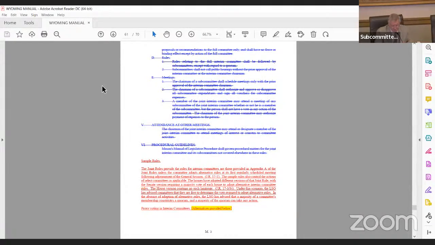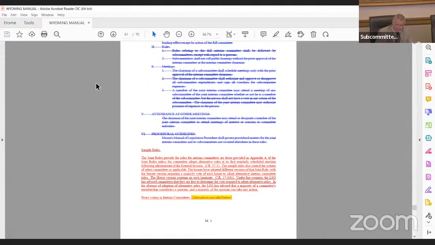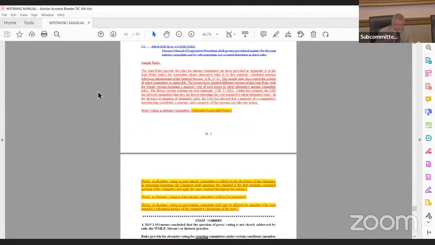But since it was a joint rule and it was actually adopted separately and differently, the LSO printed both rules, saying the Senate adopted this joint rule and the House adopted this joint rule, and here's how LSO is going to interpret it. And that's where we left it, and that's the status. I don't know that it's easily resolvable by this select committee or anyone, Mr. Chairman, but all we do really is recite the status.